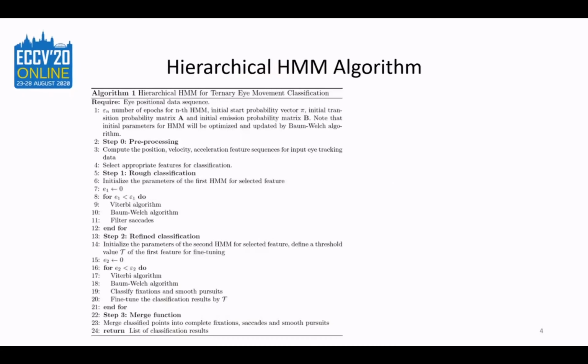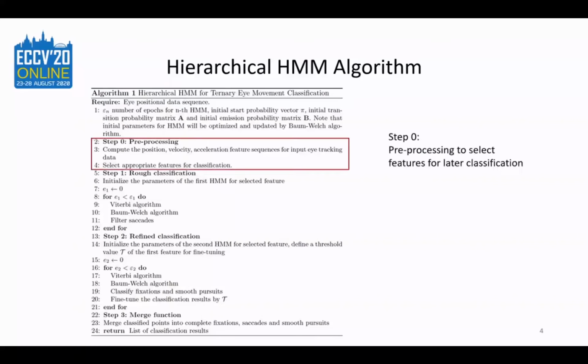Here is the pseudocode for our proposed hierarchical hidden Markov model algorithm. Firstly, we start by analyzing different features of the raw eye positional data as a pre-processing step. The objective of the pre-processing is to determine the features that can be used to separate the three eye movement types in later steps.